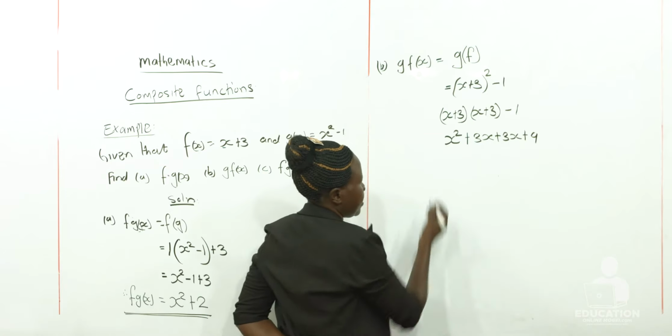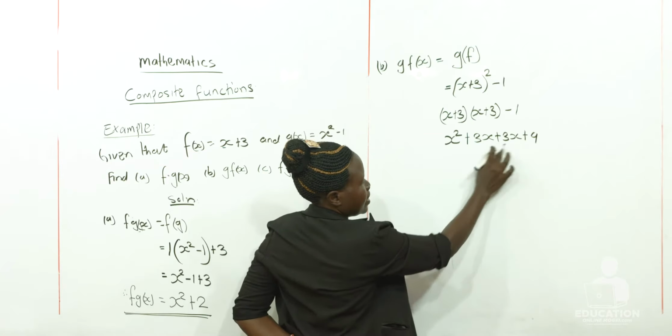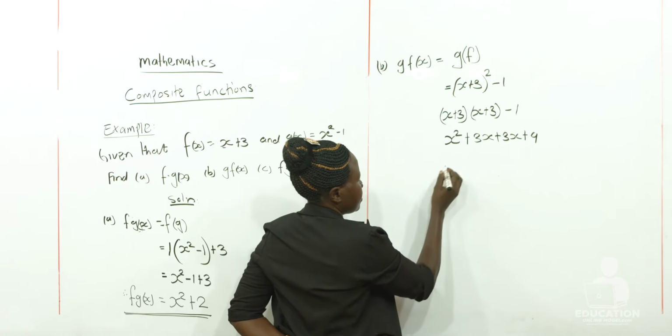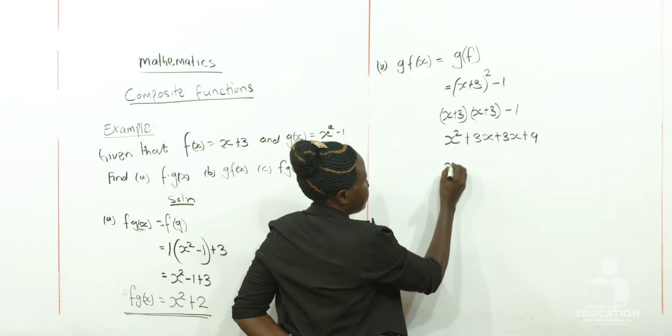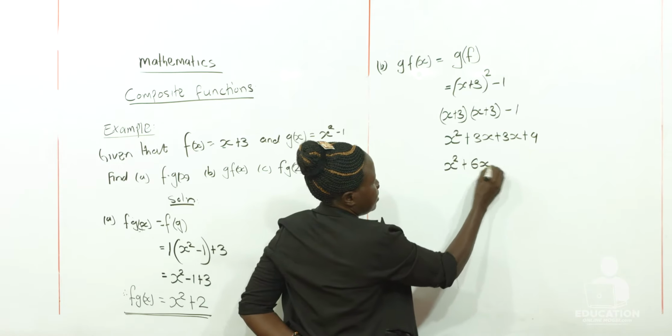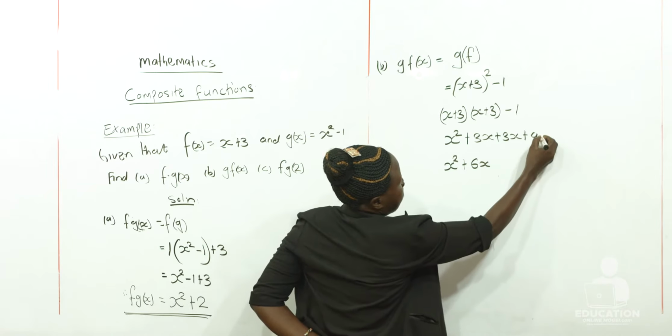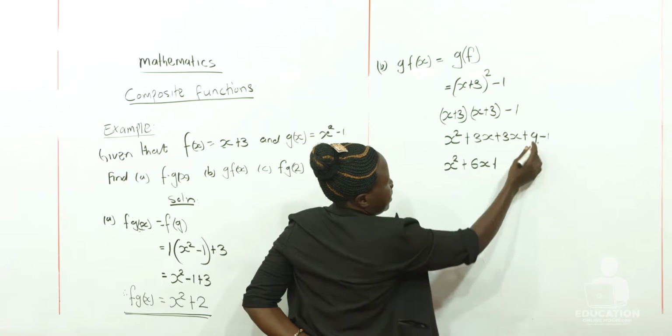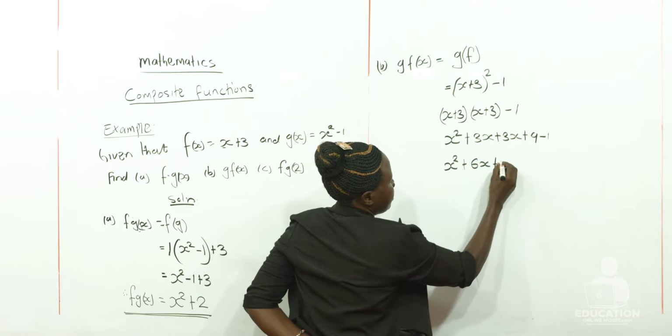So now from here, you will find that we have like terms. 3x and 3x will give us 6x. So we shall have x square plus 6x, and then remember there is this minus 1 here. So plus 9 minus 1, we get 8.